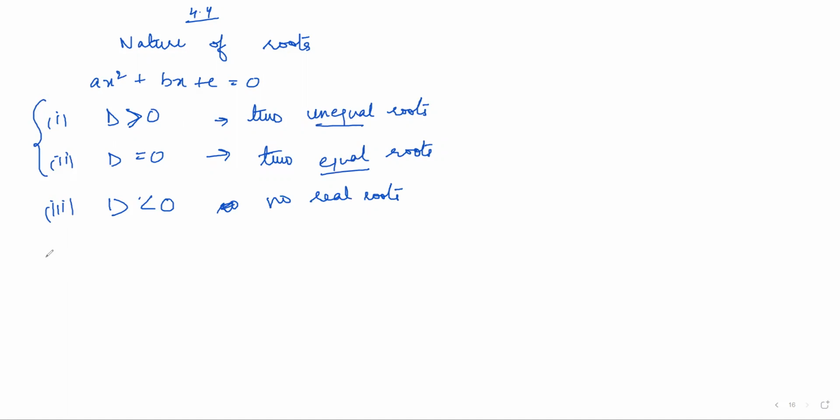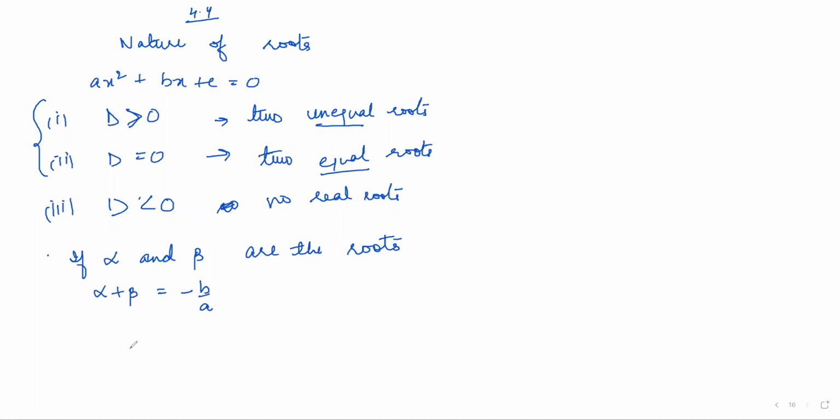And then you have this: if alpha and beta are the roots of the equation. You have already done this in the polynomial chapter, Rida. If alpha and beta are the roots, then the sum of the roots, alpha plus beta, is minus b by a.